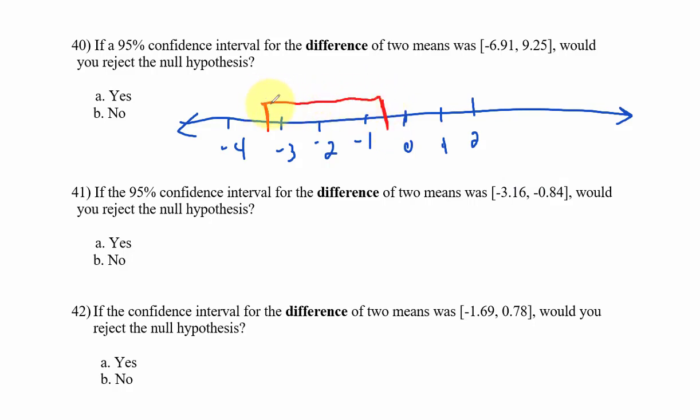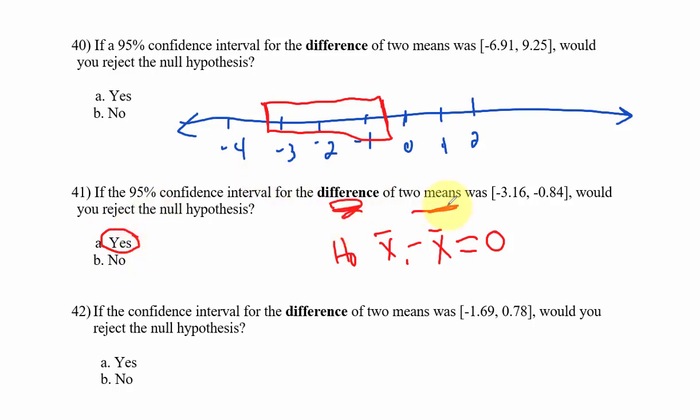So what number 41 is saying is the difference between the two means is somewhere between these two numbers. But you'll notice that 0 is not in this interval. So this is not true here. Right? The means minus the means, this is not true because 0 is not in the confidence interval. So with this one, we would reject the null.